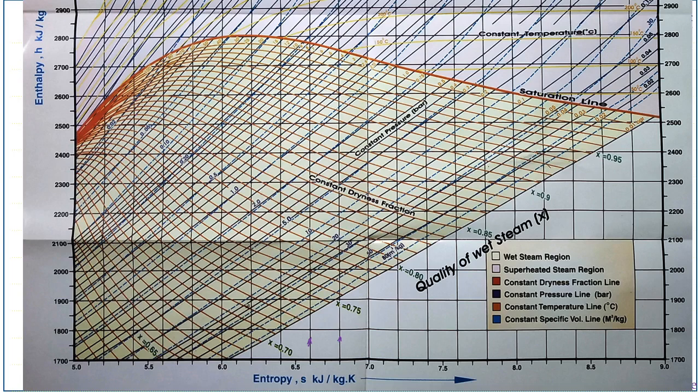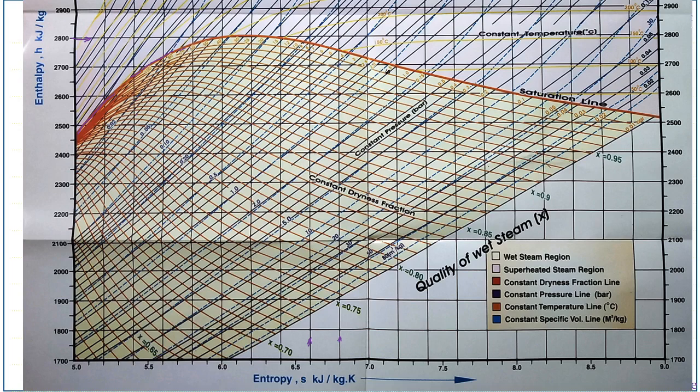All vertical lines represent constant entropy lines, whereas all horizontal lines represent constant enthalpy. Then we find one curve here. This brown curve on the outside represents the dry saturated curve, or saturation curve, meaning the property of steam on this curve is dry saturated steam.